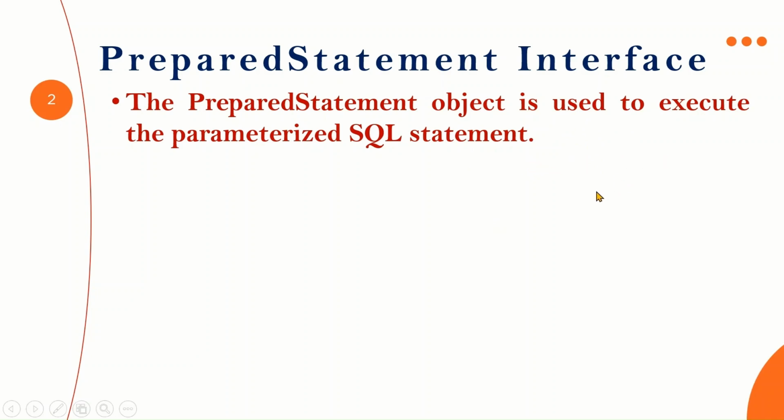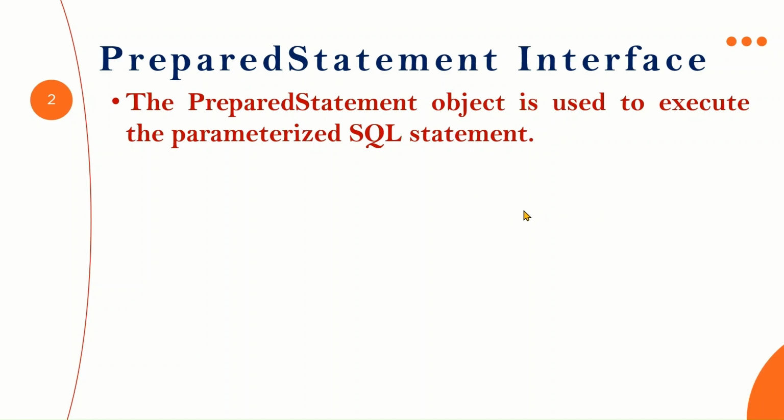But when you go for the normal statement, at the time of creating the statement we were passing the complete query as well as the values. So for every query, we need to check its syntax and then insert the values or update, whatever it is. So for every query, two operations are performed.